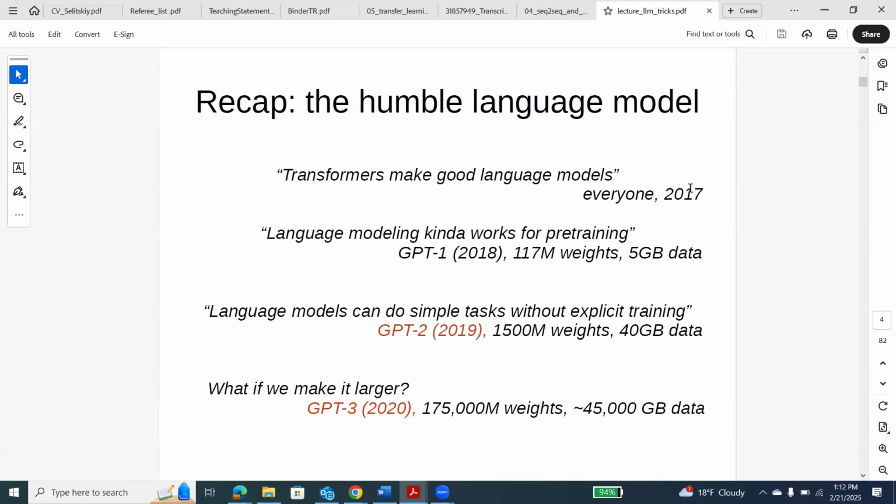So the difference between GPT-1 and GPT-2 is just that OpenAI used more data, but the performance increased.